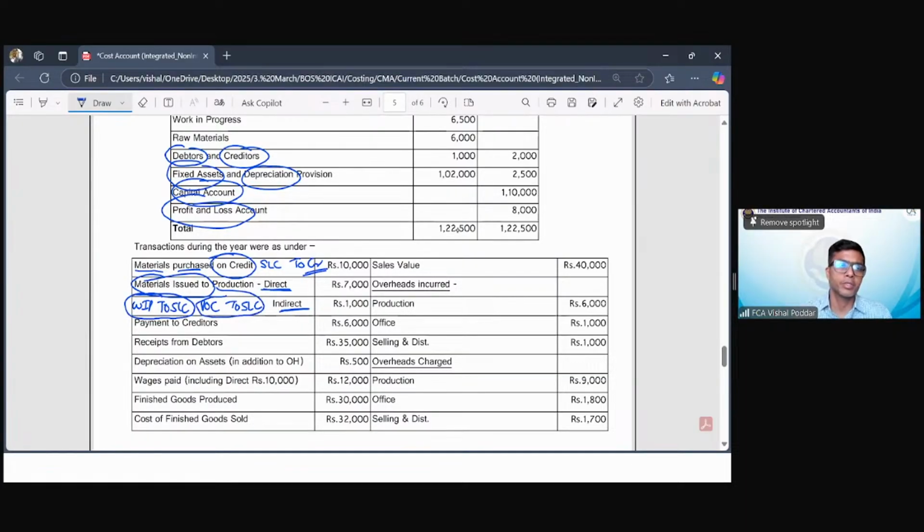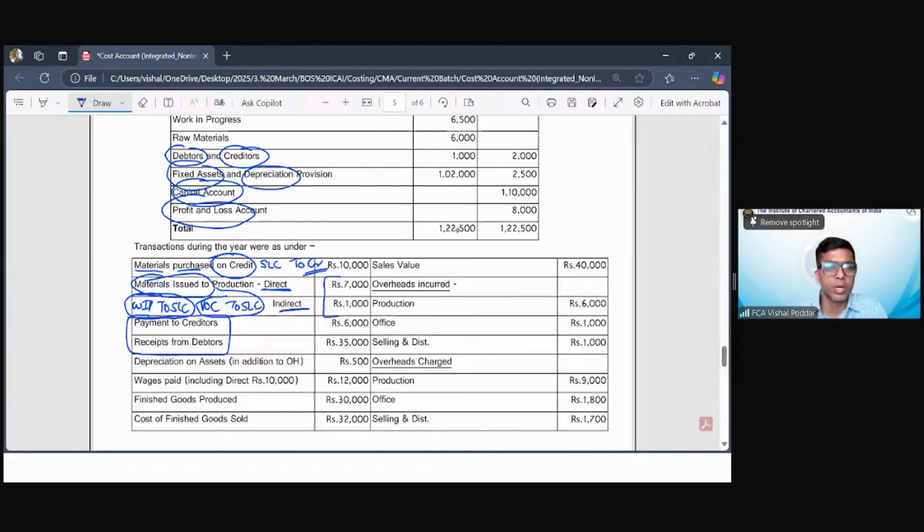For indirect material, which is issued to production, it is production overheads debit, SLC credit. So this remains same even in case of integrated.